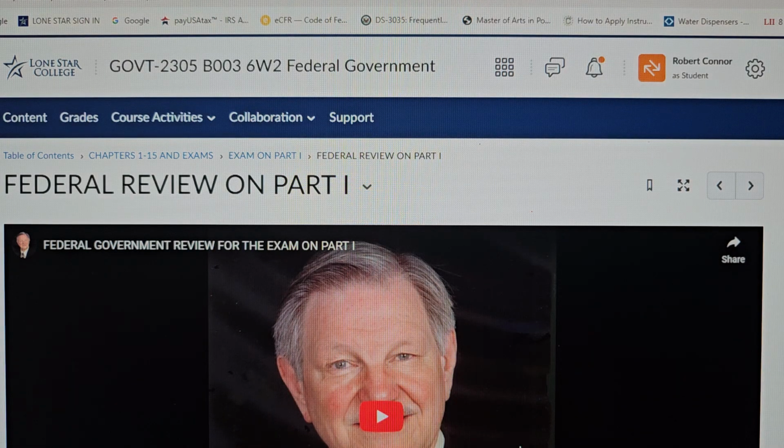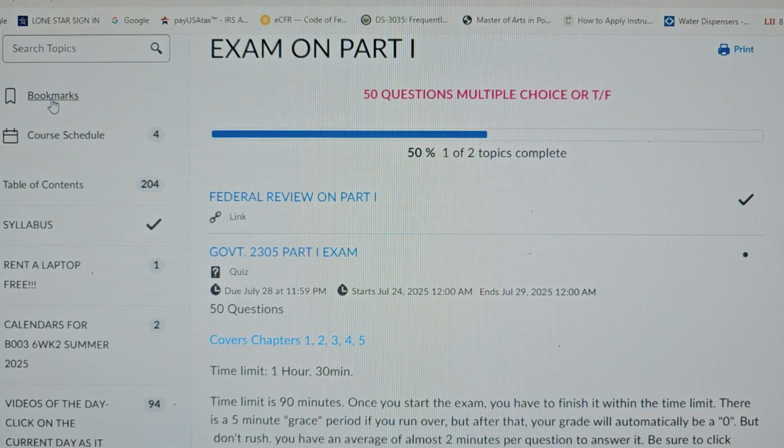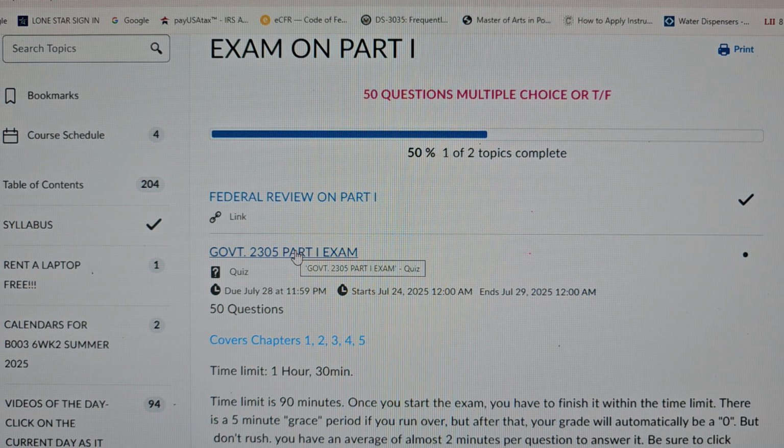And so you click on that and you get a review. And then after you do the review, you can watch the review as many times as you want. And then you do the exam. The exam is 50 questions, true and false or multiple choice or fill in the blank or something like that. There's no essay questions.